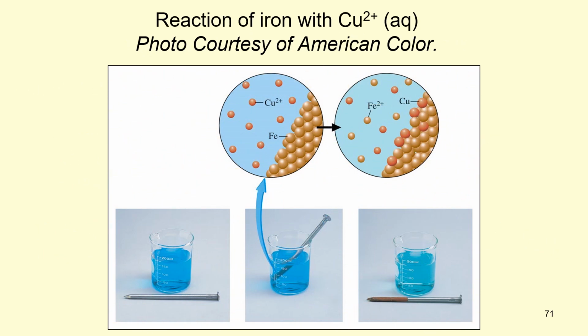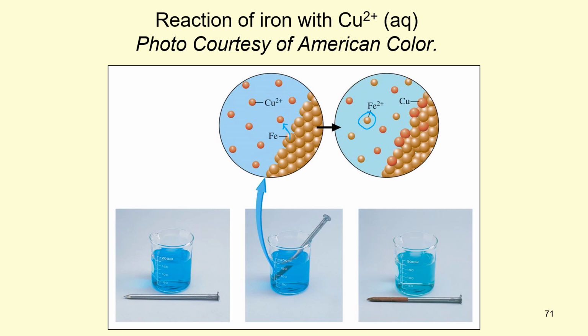Okay, so you can see here the copper sulfate solution is a blue color. Here's the iron nail, which is just solid iron metal. When you stick the nail in there, it's a spontaneous reaction, and the iron will start to lose electrons. As the iron loses electrons, they become iron ions and go out into solution.